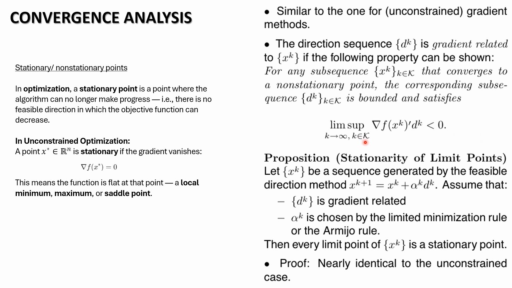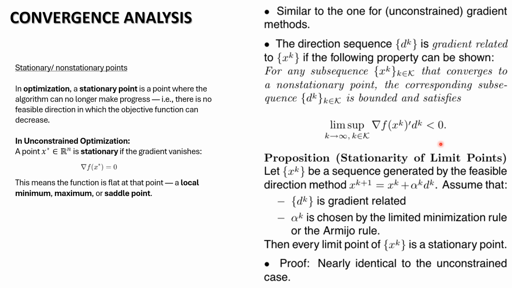Here, the limit supremum of this product is negative. This ensures that there is a uniform descent along the sequence, preventing stagnation away from the optima. This gradient relatedness condition ensures that the method is aligned with the negative gradient, at least asymptotically.